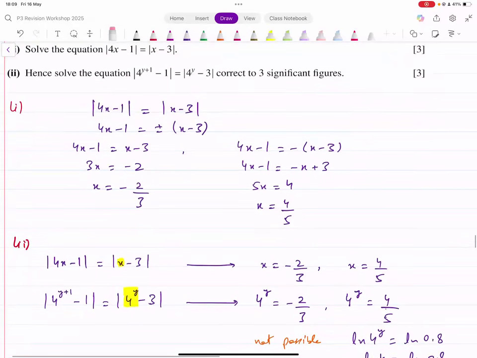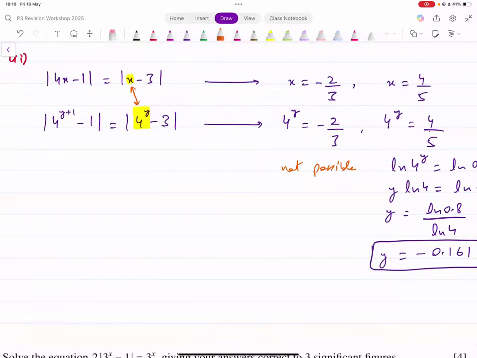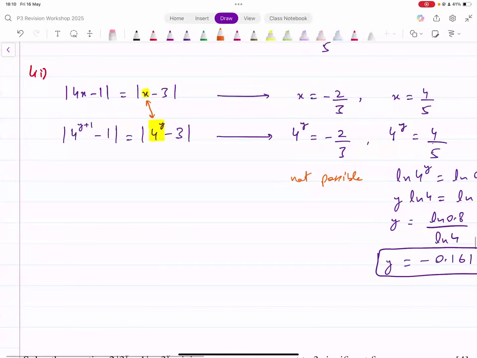If you compare the two, in place of x, in this second equation, we have 4 raised to power y. Here as well, in place of x, we've got 4 raised to power y, because 4 raised to power y plus 1 is actually 4 raised to power y into 4. So in place of x, we still have 4 raised to power y, and this 4 is multiplying with that.